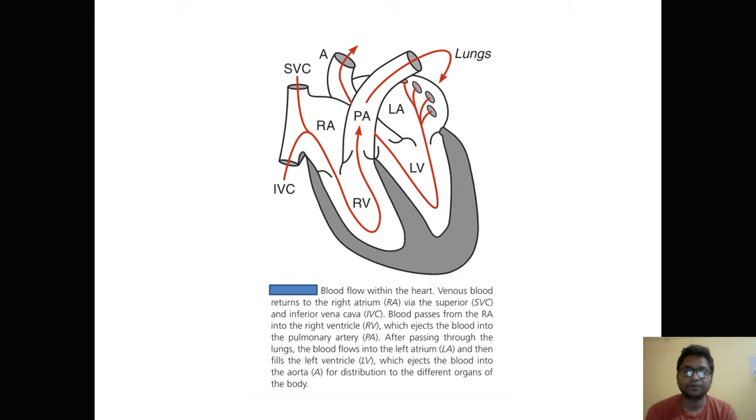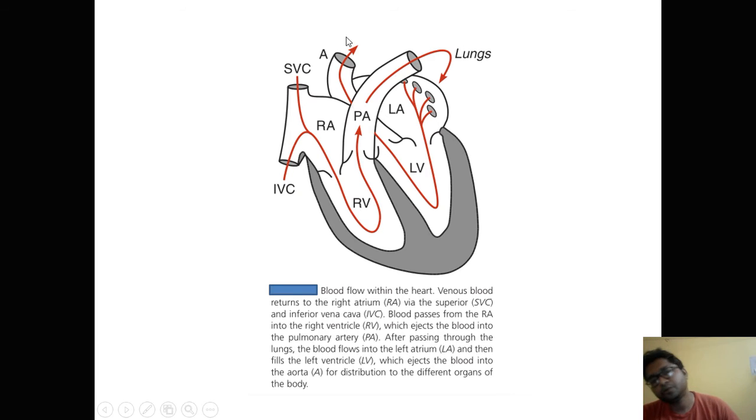Let us see how the heart operates. You can see this arrow and this arrow. This is the superior vena cava, that is the part that is above the heart surface, and there is the IVC, that is the inferior vena cava, that is the portion that is below the heart surface.